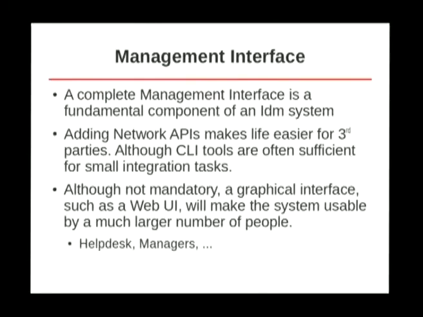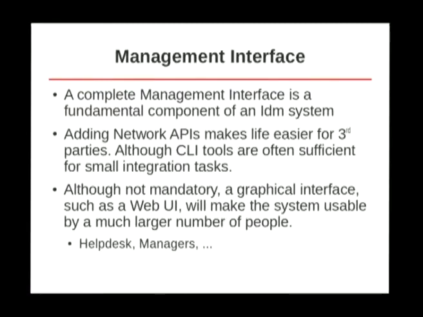So if you think about building a management system, I recommend thinking about things like network APIs. You want to make life easier for admins to actually be able to use this system, and for them, using this system also means being able to pilot the system from their own tools, for their own reasons. We have had a lot of people come to us and ask, how can I create users from this other machine that HR uses and that contains all the users that HR knows about?